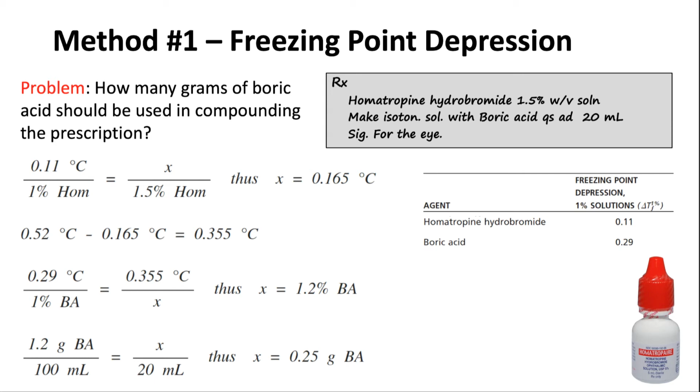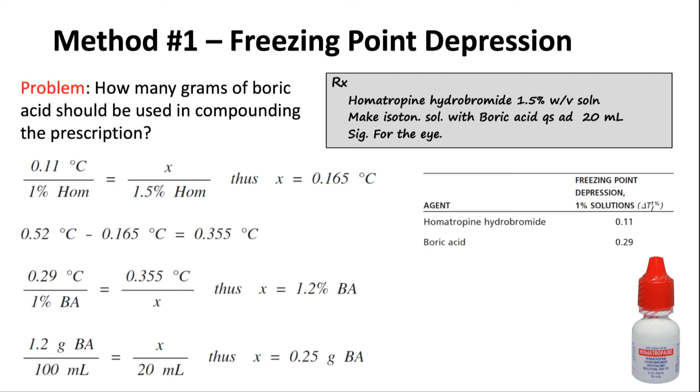Now when we solve for x, we will determine the percent concentration of boric acid required to get that reduction in freezing point. So if I take 0.355 divided by 0.29, my answer numerically would be 1.2, and that represents 1.2% weight per volume of boric acid. That's the concentration of boric acid that gives me my desired reduction in freezing point.